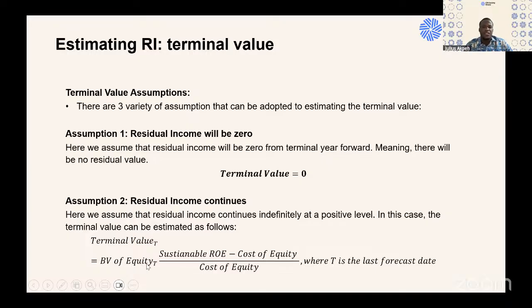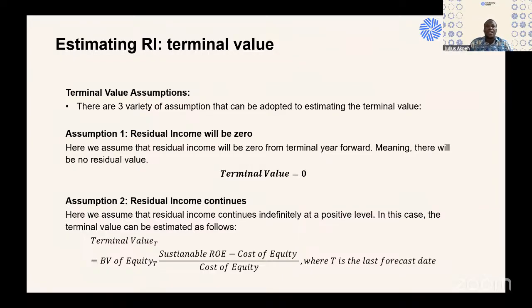And that will give us the sustainable residual income. Then we divide everything by the cost of equity. You remember that perpetuity formula, right? The cash flow divided by the rate. That's perpetuity, and we looked at that yesterday as well. So we have the residual income divided by cost of equity, and that gives us the terminal value. That's for residual income lasting forever.